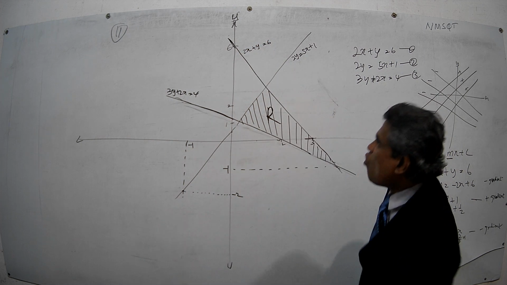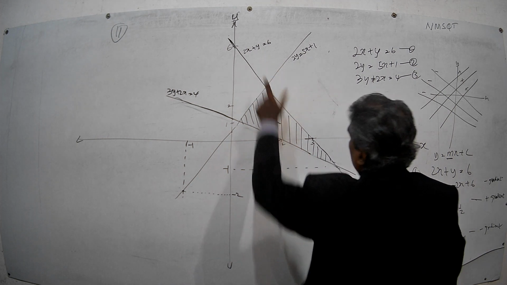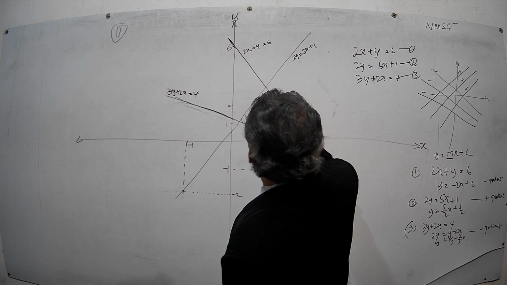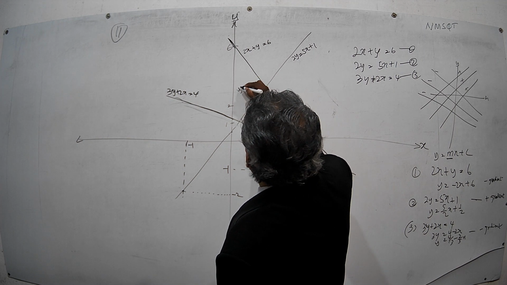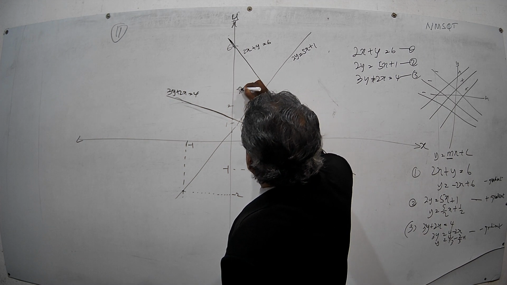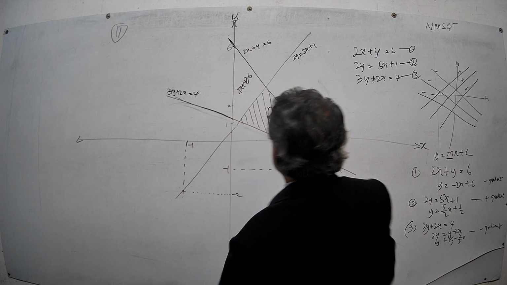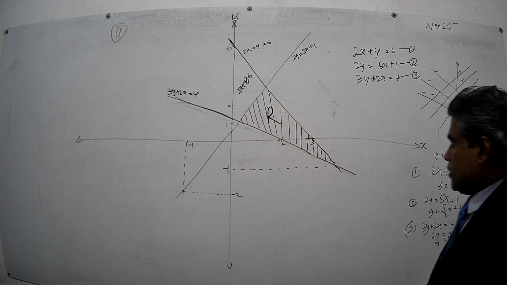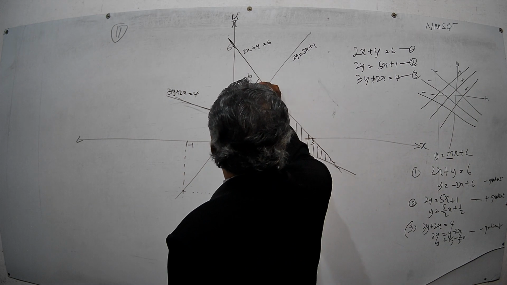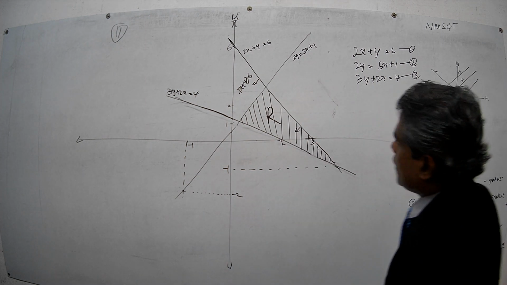Therefore, y less than. We can write 2x plus y less than or equal to 6, because this is a solid line. That is one inequality.